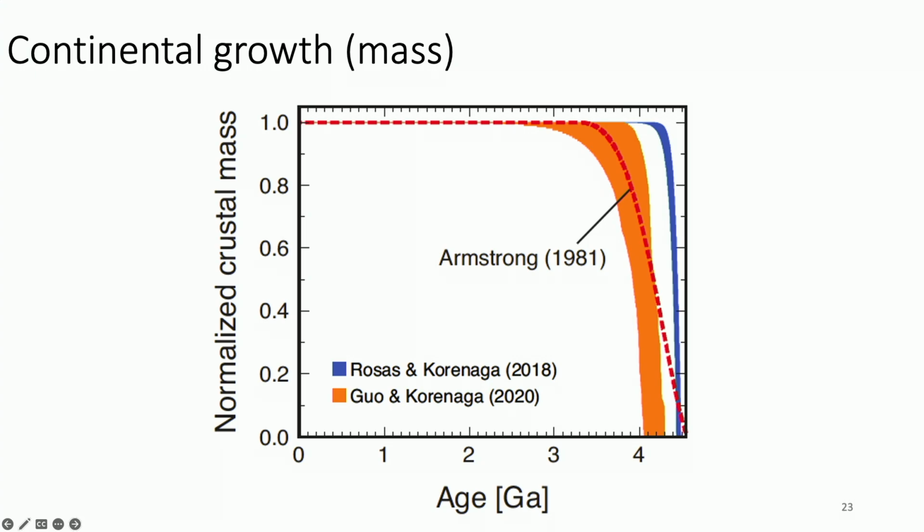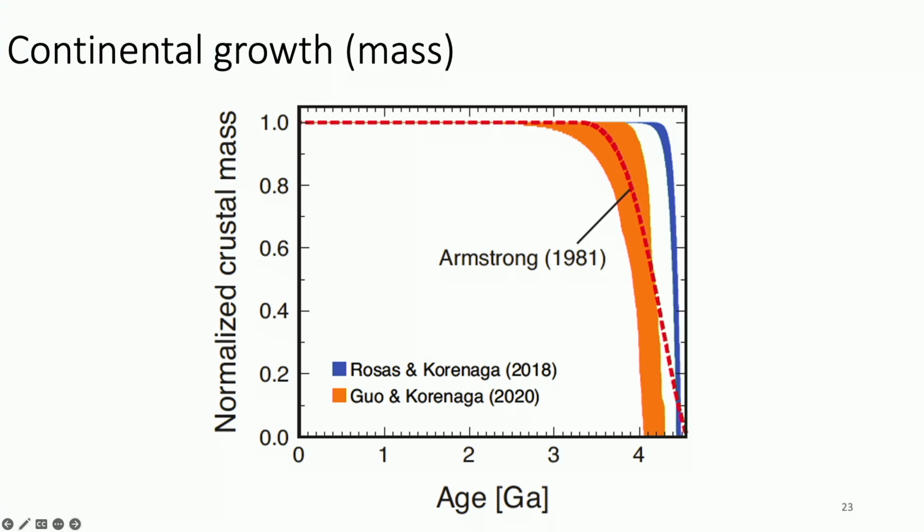And then most of the models now go to a very sharp increase of the continental crust very early on. Most of the reasonable models are in this brown shape, and they are consistent also with some original data from Armstrong in 1981.